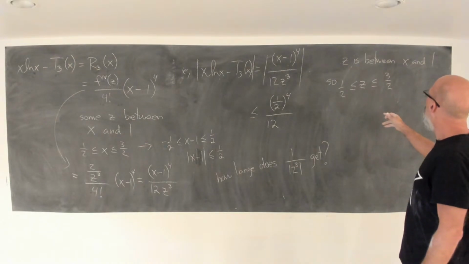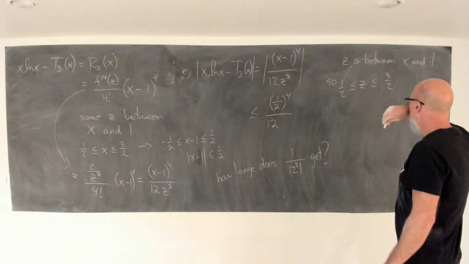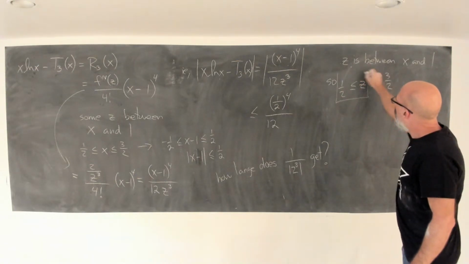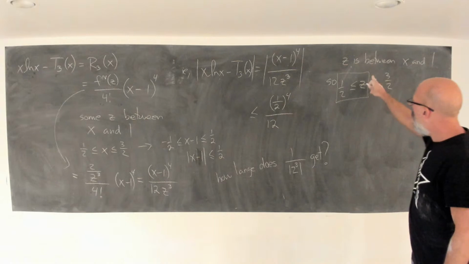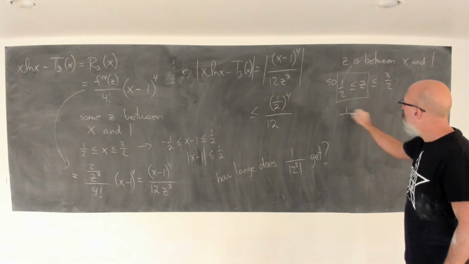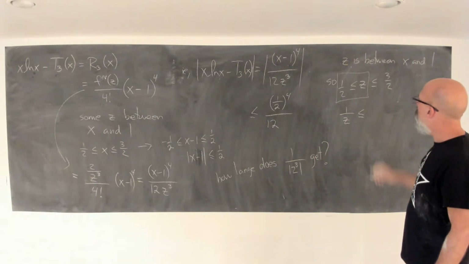And if you concentrate on this inequality, and you cross multiply, 1 over z is less than or equal to 2.